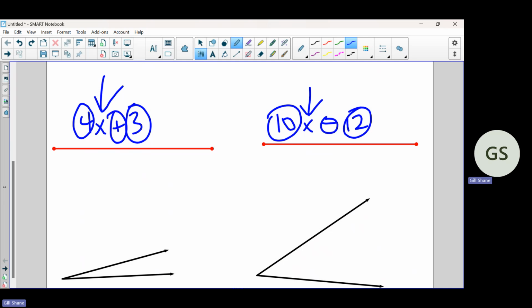So all it means is over here on the left, I'm going to multiply some number times 4, and I'm going to add to that 3. And over here, I'm going to take that same number and multiply it times 10. 10x means 10 times x, if you didn't know that.